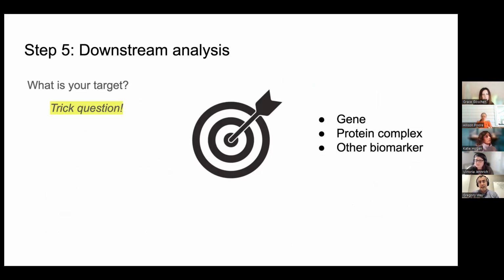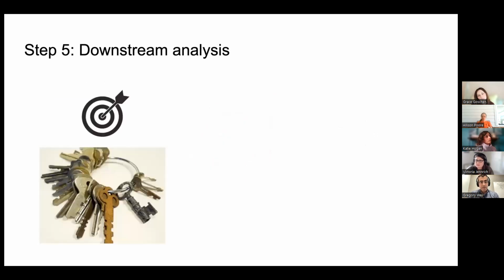It's this concept of synthetic lethality. Or is it a protein complex? Not necessarily targeting a gene, but this complex forming. What is the best target of this complex to make sure that this complex doesn't have function? Or is it some other biomarker that you're interested in?